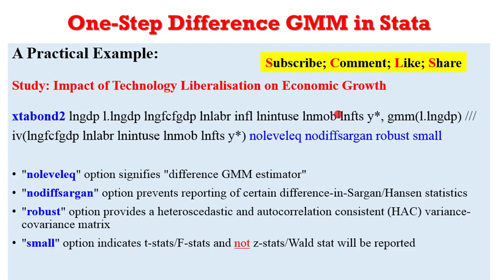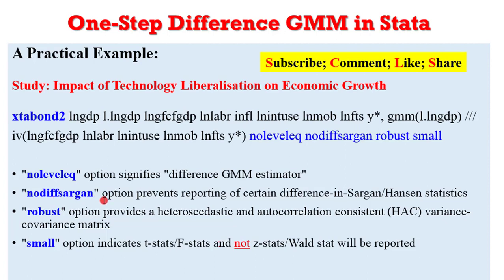Using the xtabond2 command, I have specified the model, and I'll be looking at how these four options will influence my results. I have the noleveleq, nodiffsargan, robust, and small. But what do these all mean? By specifying the noleveleq option, I'm informing Stata that I want to estimate a difference GMM.